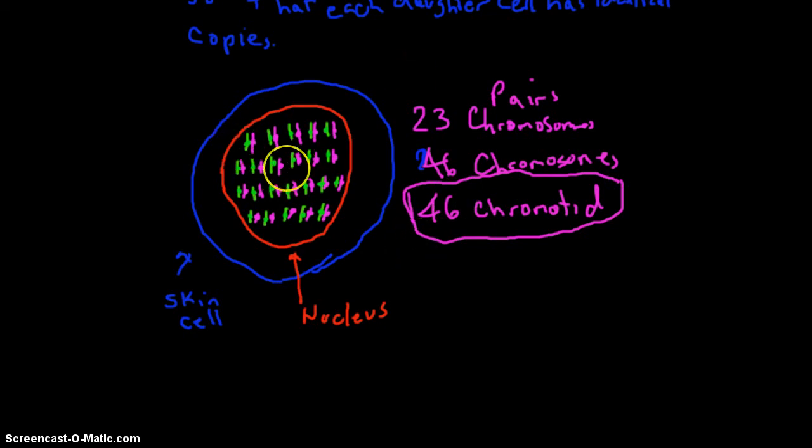So each chromatid is each leaf-like projection. So what do I mean by that? This single leaf-like projection is a chromatid.